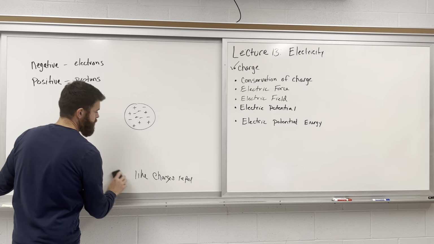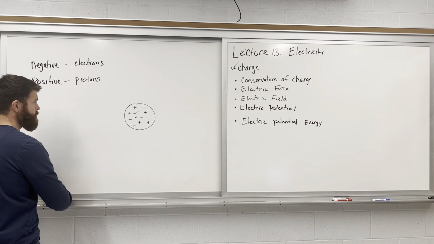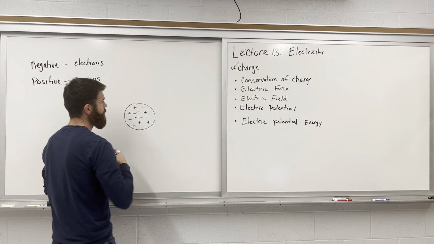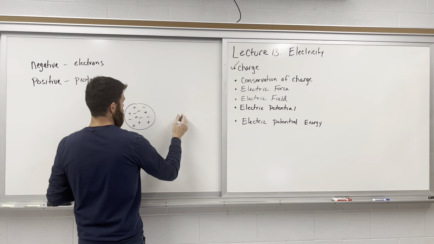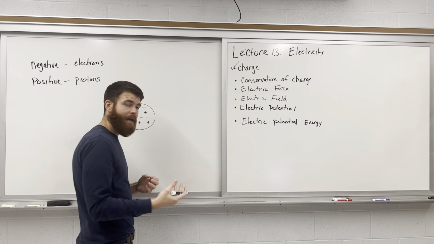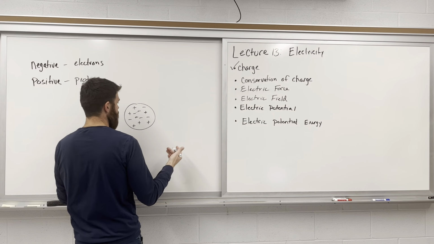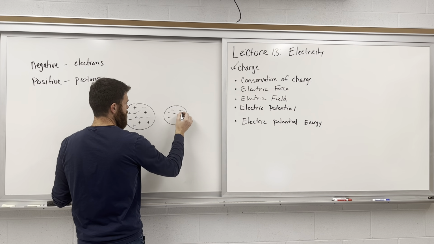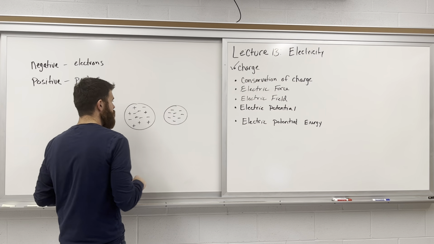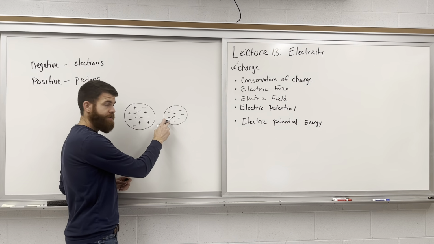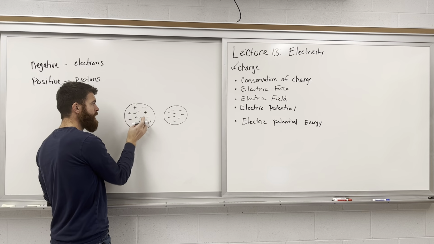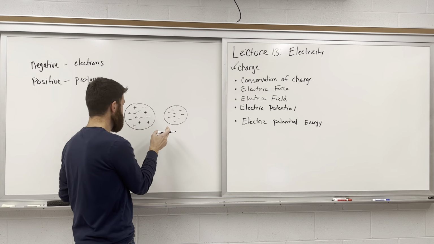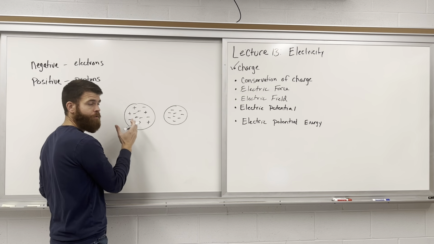Okay. So let's say we have a neutrally charged object. Electrically, this should not attract any other charged object. But if we bring a negatively charged object close to it, the negative charge of this object is going to attract the positive charge of the neutral object and repel the negative charge of the neutral object.